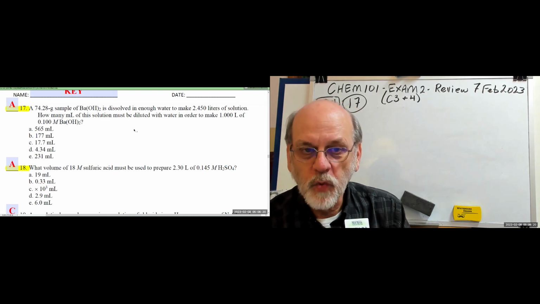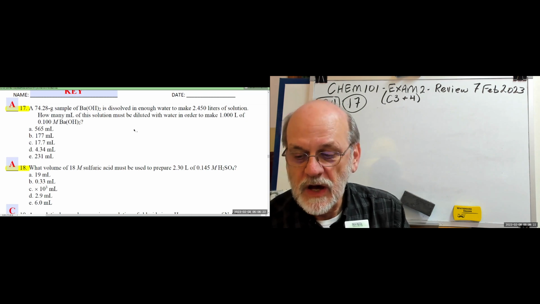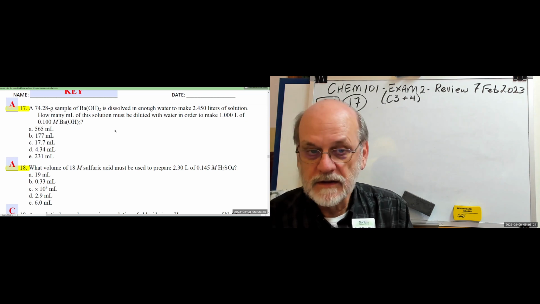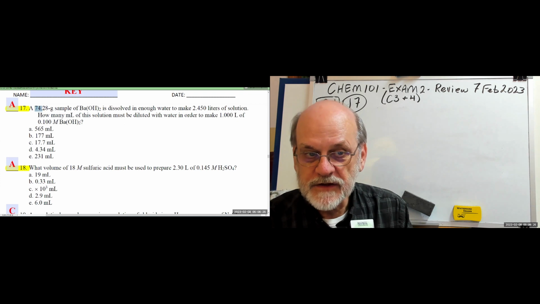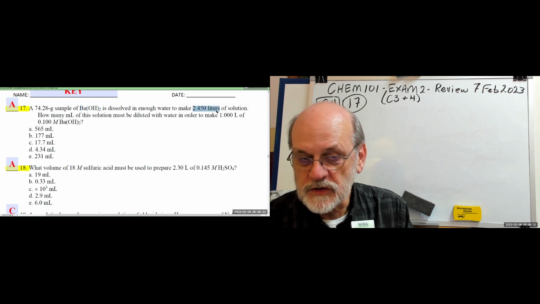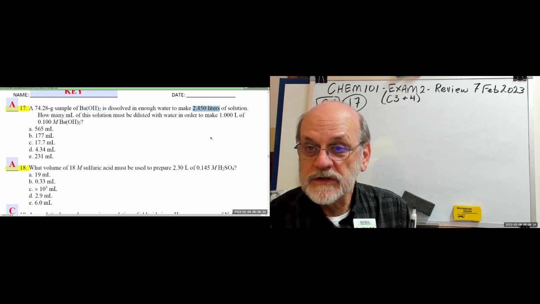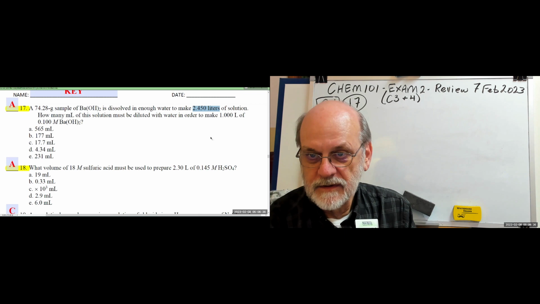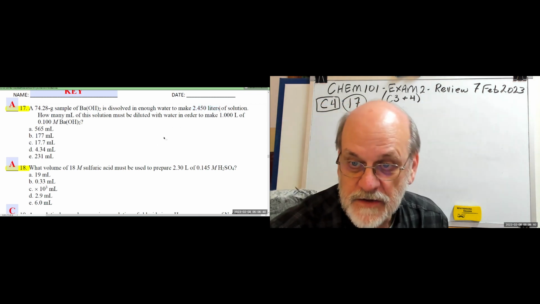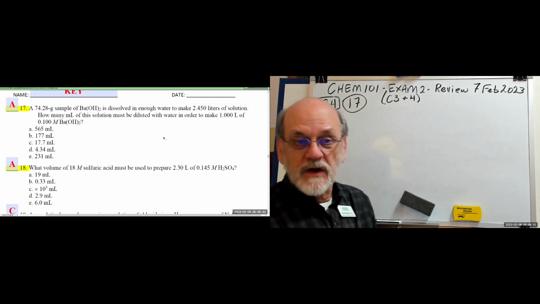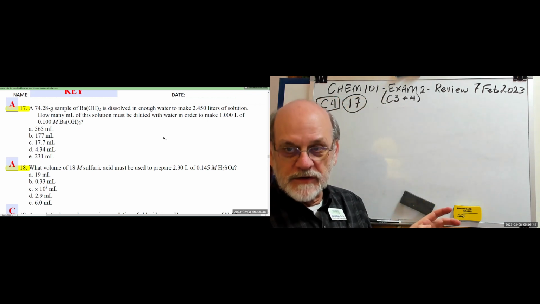First, you have to find out what is the concentration of the stock solution, we call it. The stock solution has this much barium hydroxide dissolved to make this much solution. Then we do a dilution problem with that molarity. So the first thing we have to do is find the molarity of the stock solution.